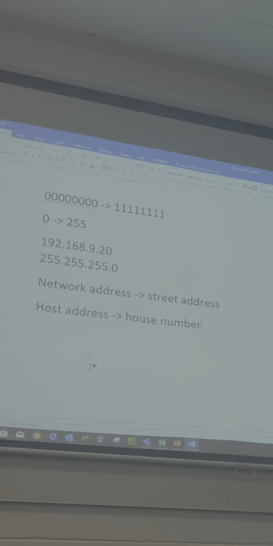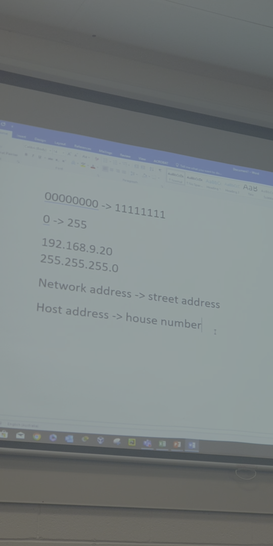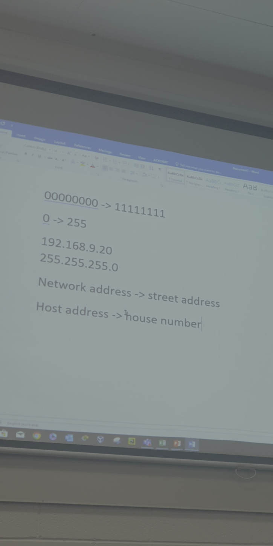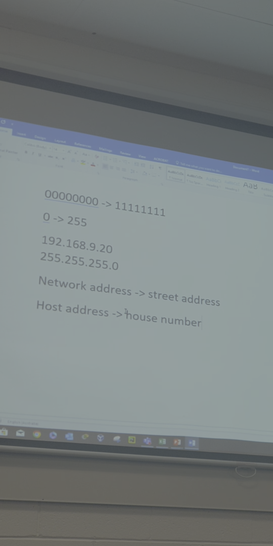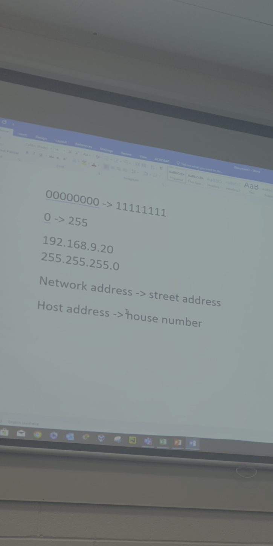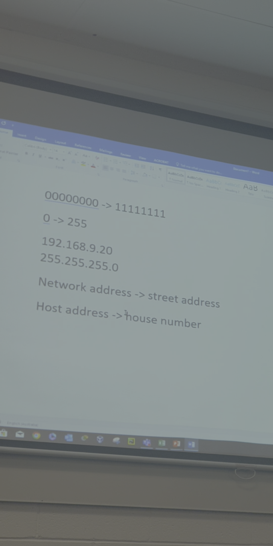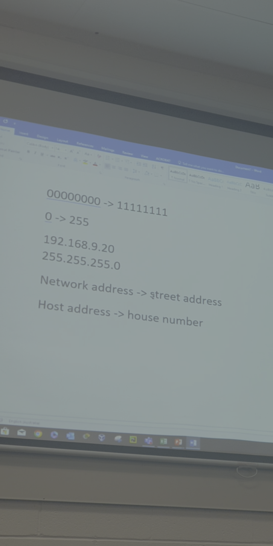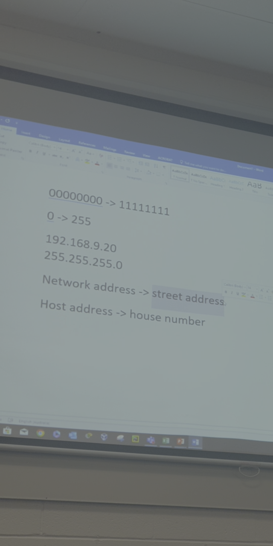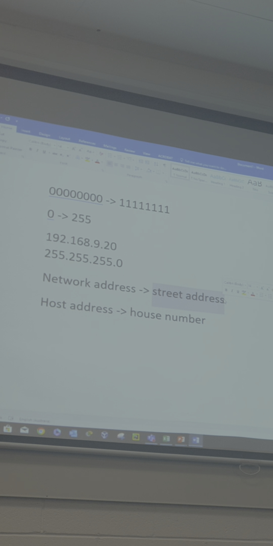Now, if we have street address and house number, that makes a lot of sense, because if you think of your street, every house in your street would have the same street address. They're all in the same street. Same thing with computers in the same network.